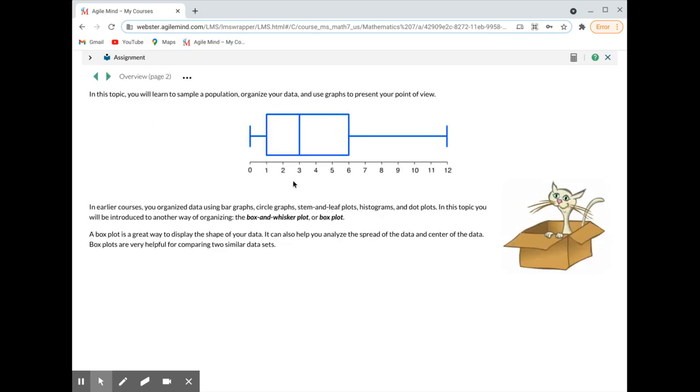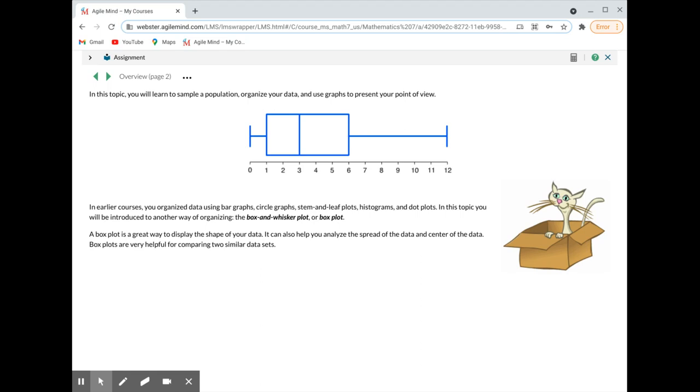All right, so in this topic, we're going to learn to sample a population, organize our data, and use graphs to present our point of view. In earlier courses, we organized data using bar graphs, circle graphs, stem and leaf plots, histograms, and dot plots. But in this topic, we're going to be introduced to another way of organizing, which is called the box and whisker plot, or the box plot.